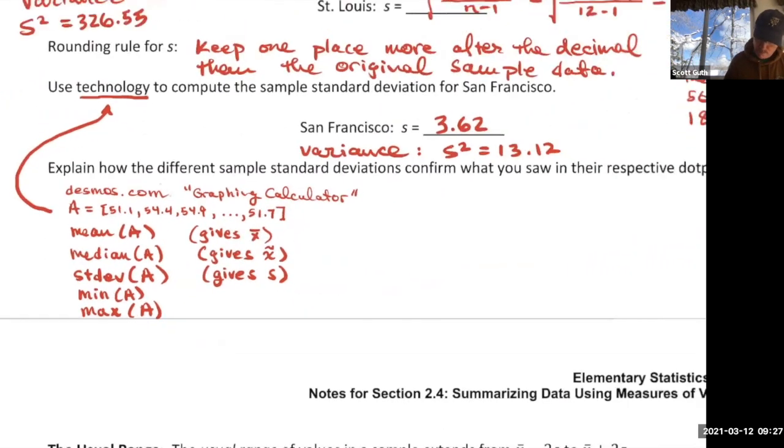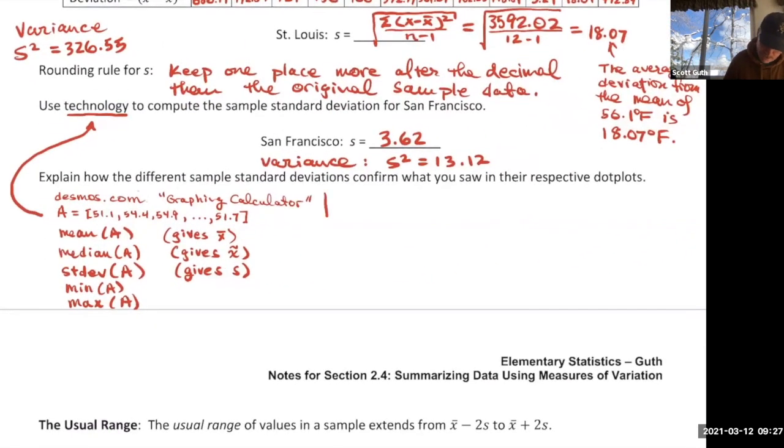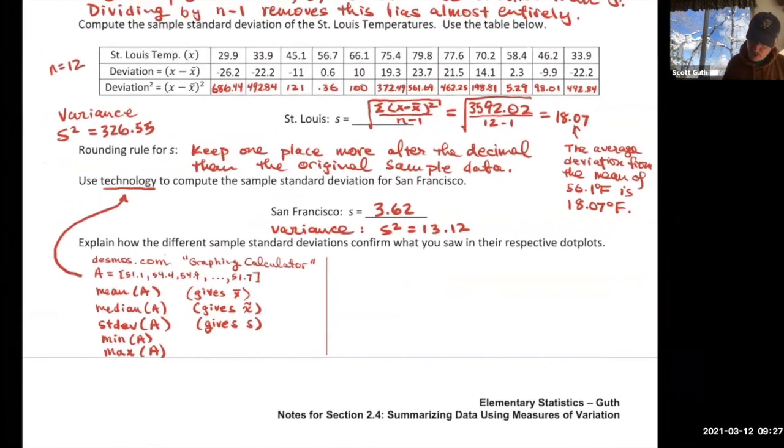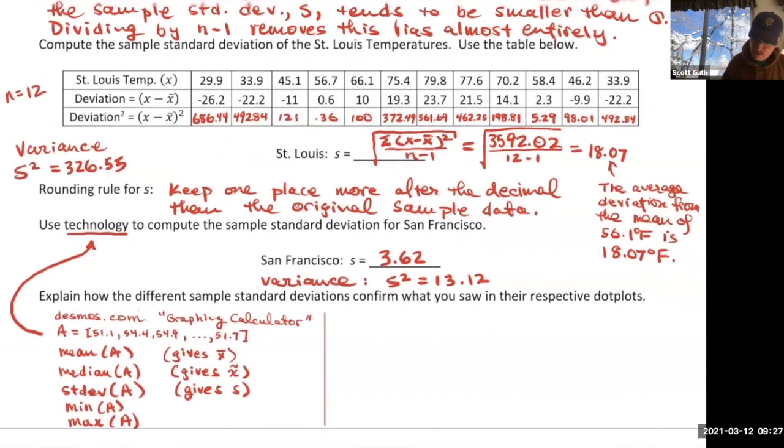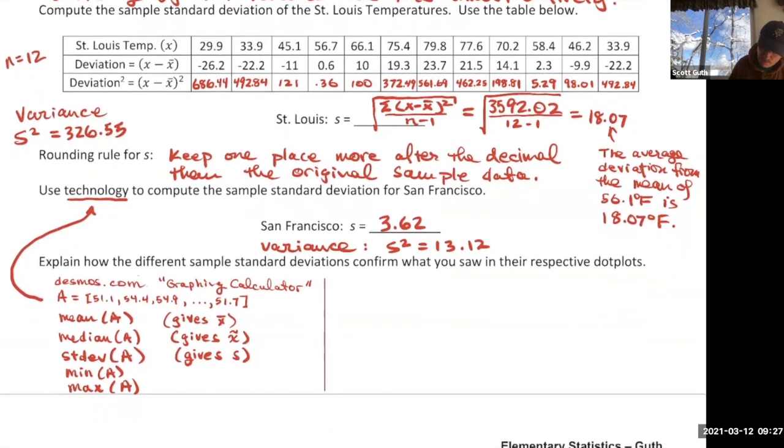There's actually a question here where I would just remind you, we've computed standard deviations for St. Louis. The St. Louis standard deviation is much bigger than for San Francisco.